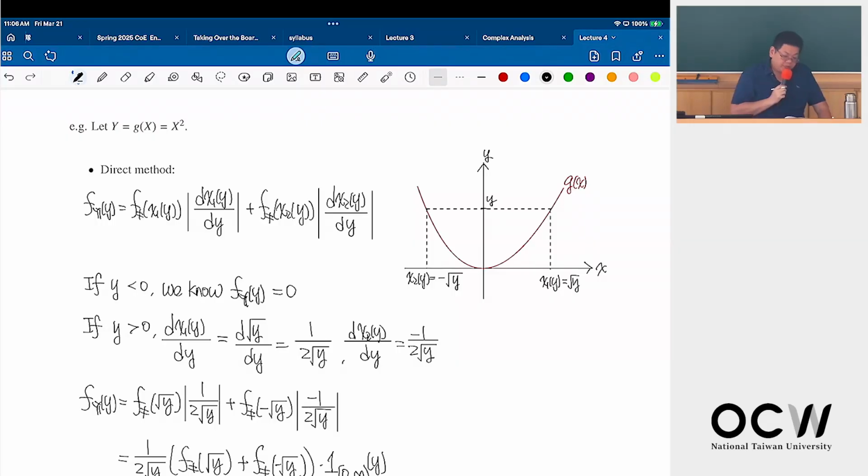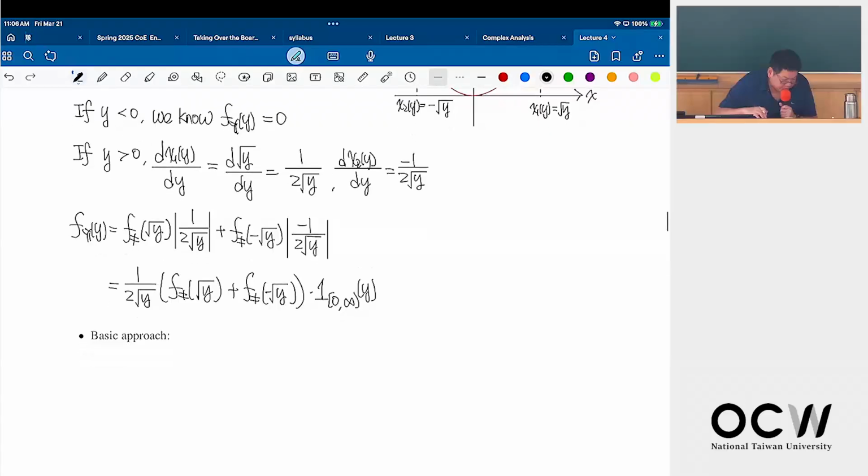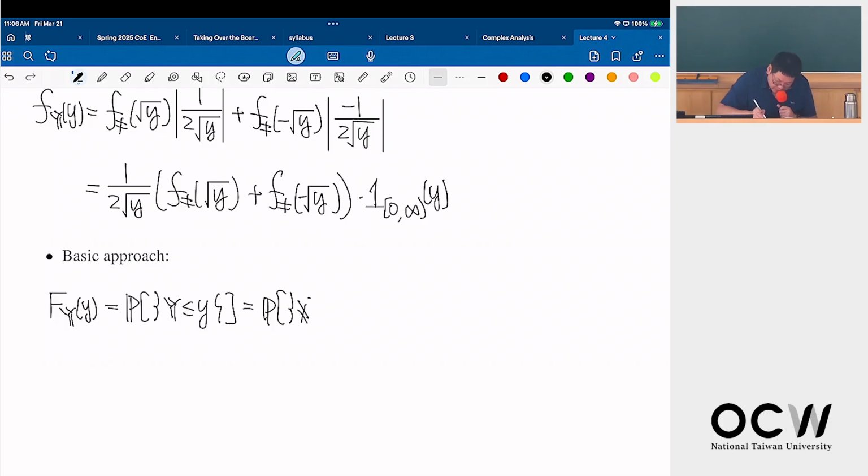We can also find the CDF of random variable y and then take the derivative to get the PDF. So let's see another approach. Here, the CDF of y is, by definition, the probability of your random variable y being less than or equal to some point. In this example, y is x squared, so x squared less than or equal to y.